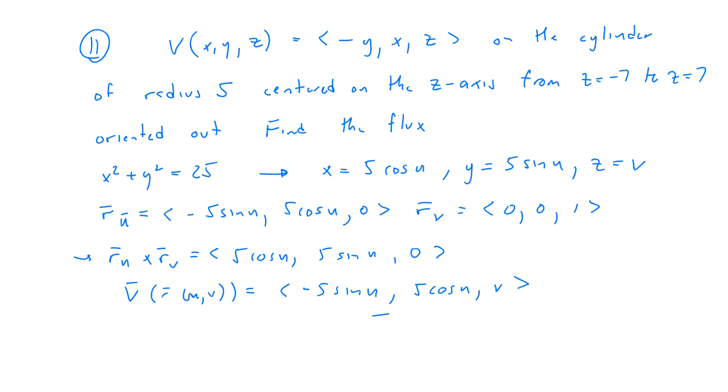I should ask here, z is going from -7 to 7, so v is going from -7 to 7. What are the limits for u? It'll turn out not to matter, but since it's polar coordinates, yeah, 0 to 2 pi. And now take the dot product.